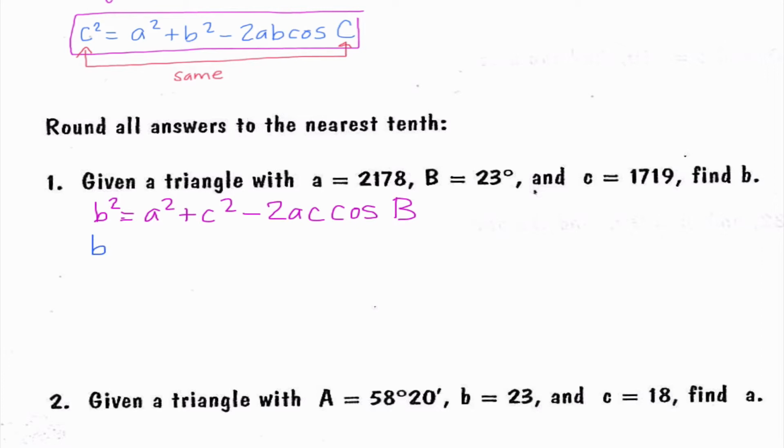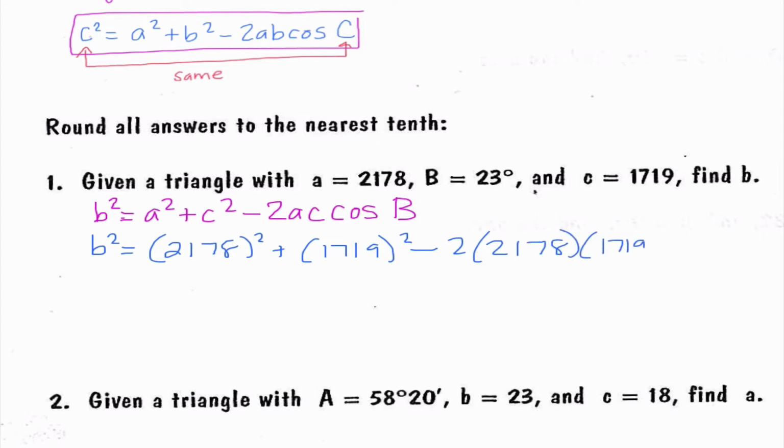Once I substitute values in here, I get b squared equals 2,178 squared plus 1,719 squared minus 2 times 2,178 times 1,719 times the cosine of 23 degrees.